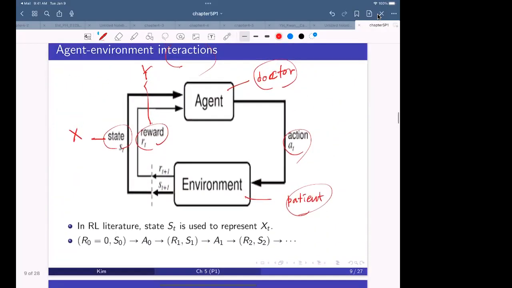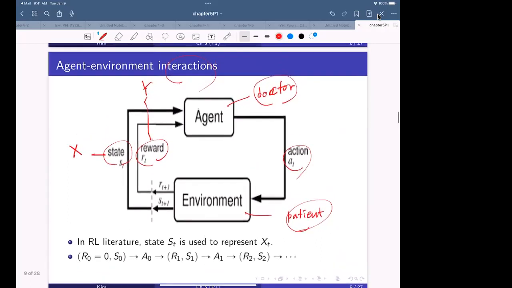Sure. So what's the relation between S and R? Are they dependent? Yeah. We really don't care about X specifically, right? Our goal is to optimize the total reward.